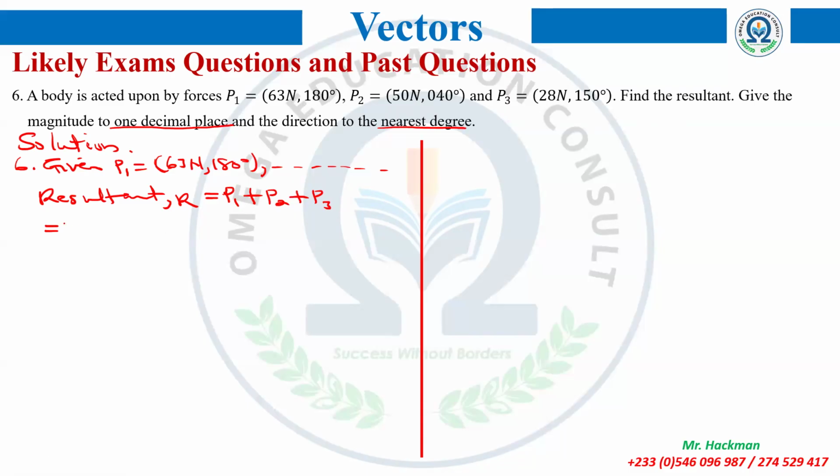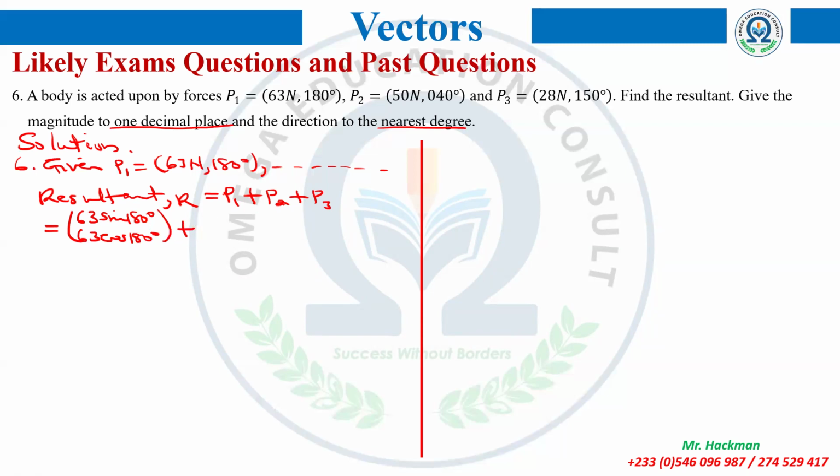So we write this as: the column form of force one will be 63 sine of your bearing angle, which is 180 degrees, then 63 cos of your bearing angle, which is 180 degrees. Don't forget the degrees when you write the cos and the sine.